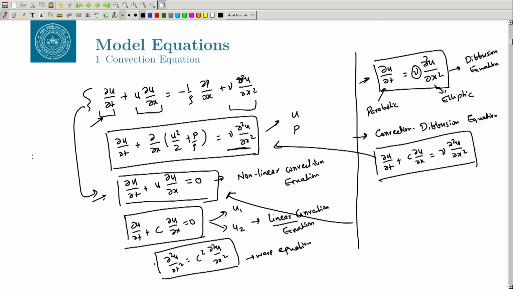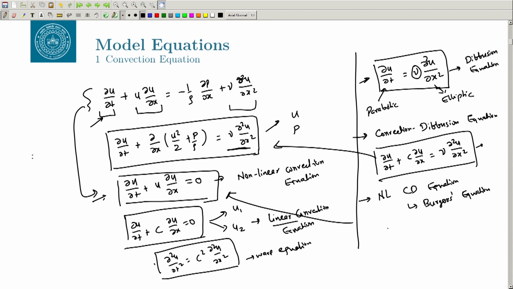So, this is the linear convection diffusion equation, and then we will go to the non-linear convection diffusion equation, the non-linear CD equation, which is also called the Burger's equation. Okay.